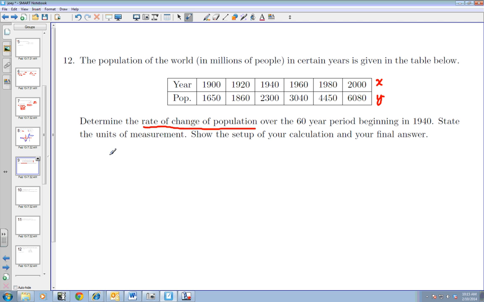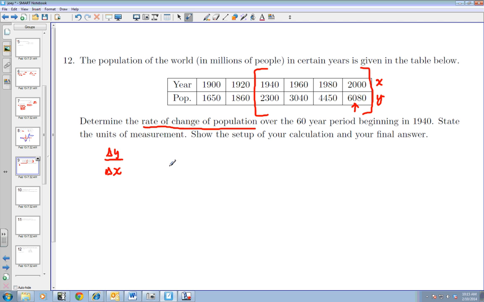And if you remember, it's the difference of your y's over the difference of your x's. Okay, so it's actually the difference from this point right here, because they want us to start at 1940. So we're only looking at this set of data.